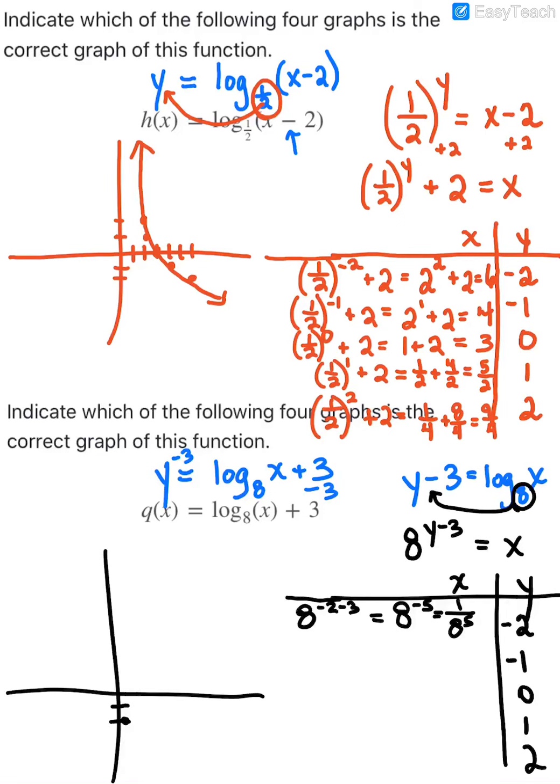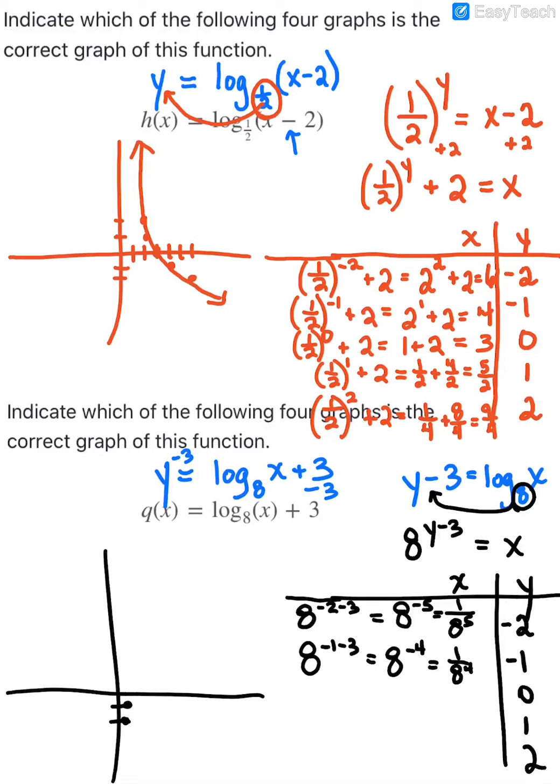When my y value is -1, I have 8 to the -1 minus 3. So that would be 8 to the -4, which again would be the same as 1 over 8 to the 4th, which you can multiply out as well. But again, it's just a small, small number. So it's a little bigger than the previous ones, but we're still very close to that particular y-axis.